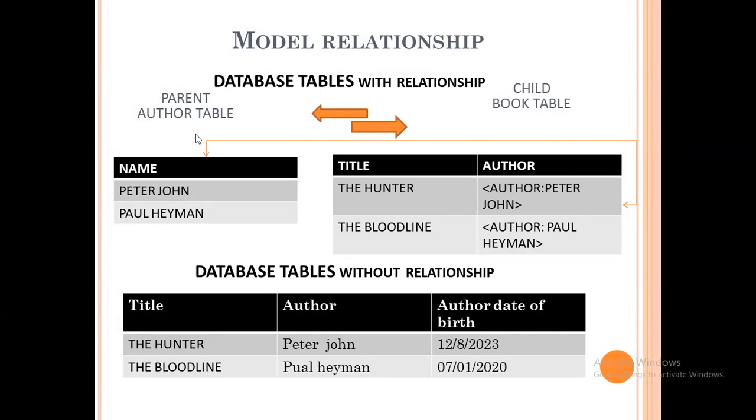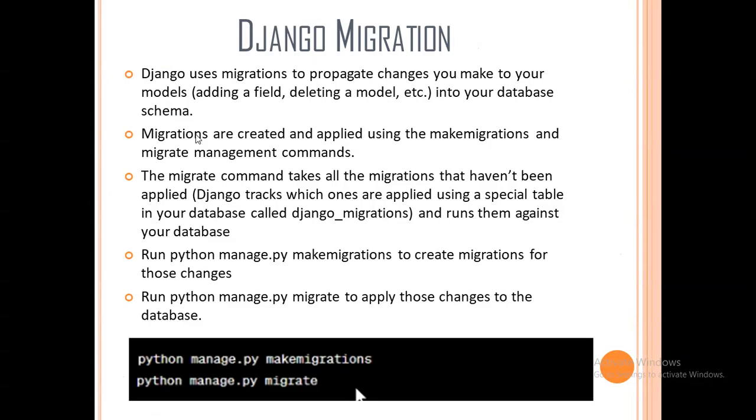Now let's talk about Django migration. Django uses migration to propagate changes you make to your model, like adding fields, deleting a model, or updating a model, into your database schema. So what this is saying is that to create a migration file, you will need to run the command we have here.